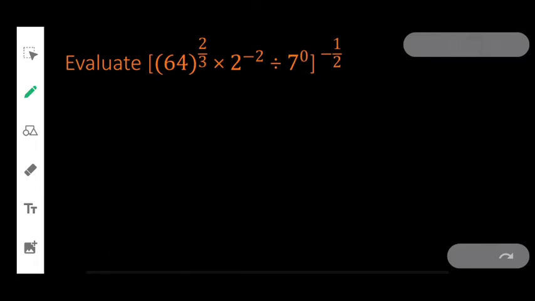Next question: evaluate (64 to the power 2 by 3 into 2 to the power minus 2, divided by 7 to the power 0) whole power minus 1 by 2.